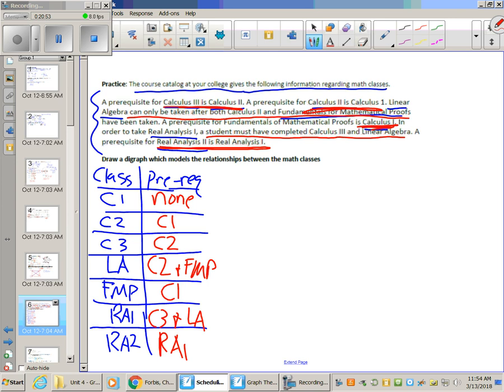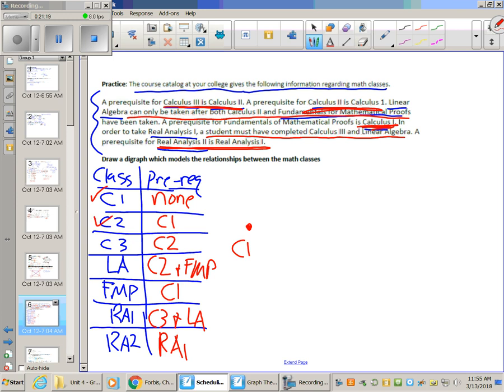Okay, so there's my classes, there's my prereqs. I think that's going to be really helpful to start off my diagram. Whenever I start a diagram, I like to start from the left and work my way right. So I want to start with the class that has no prereq. I've got Calc 1. And then from there, I like to branch off. What classes have Calc 1 as a prereq?